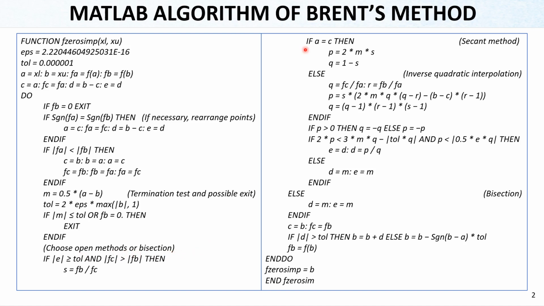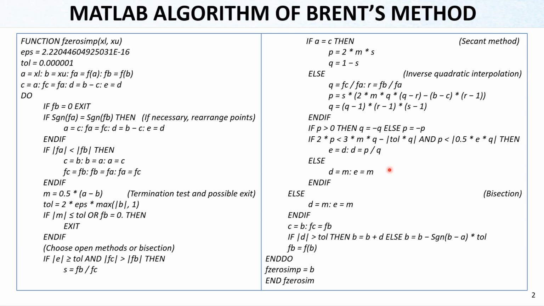For example, if a equals c, then it will use the secant method. Of course, inverse quadratic is more accurate if we have separate function values. It calculates the function values, a, b, c, and fa, fb, fc. If we have three of them, we will use inverse quadratic. If we have only two, because one of them is equal, as we mentioned earlier, then we will use secant.